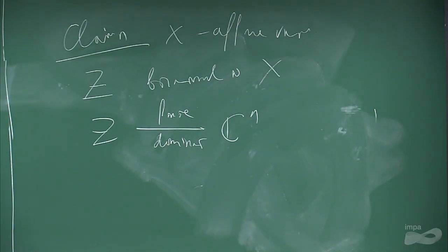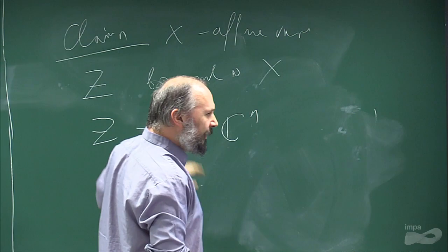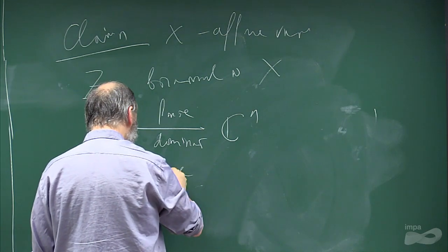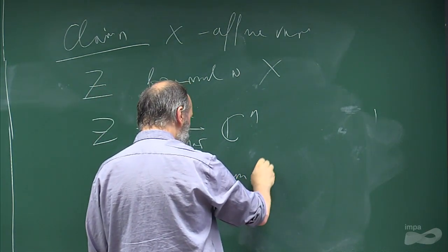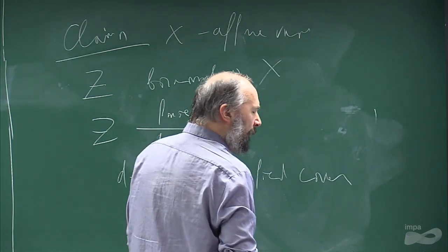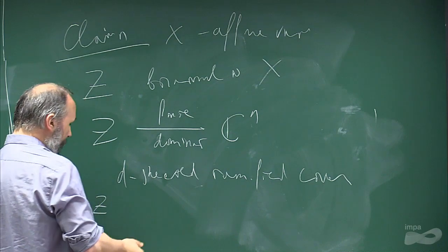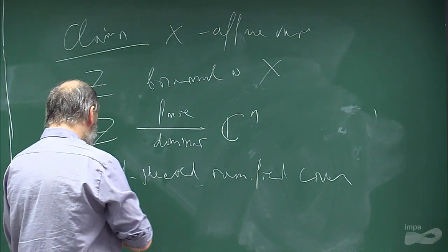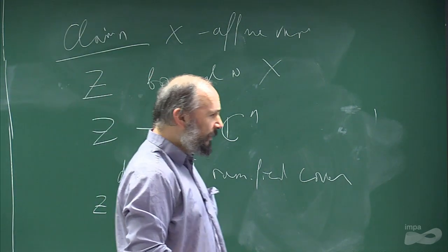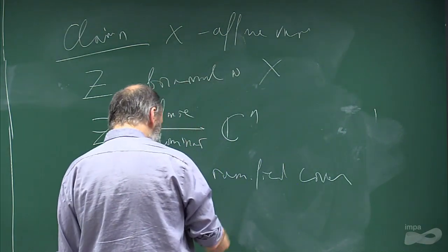Right? And this, you don't need birational, but what you also use here is that it is d-sheeted, so it's a d-sheeted ramified cover. And second, that Z is general, well, outside of the discriminant, this is smooth.